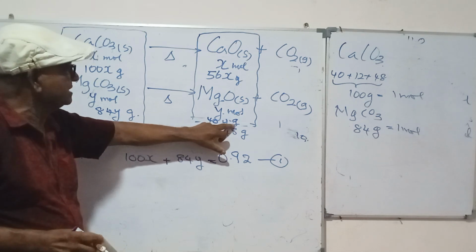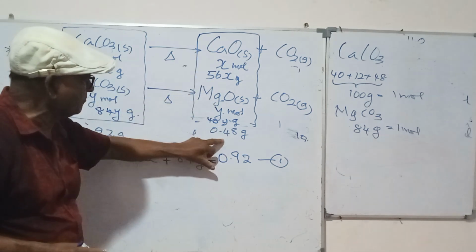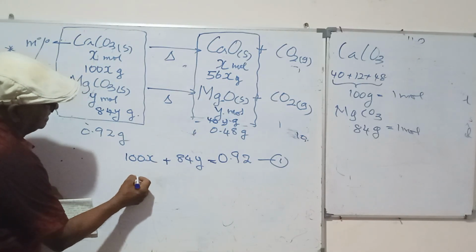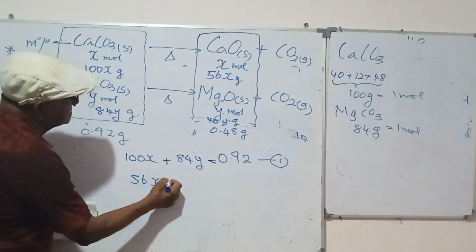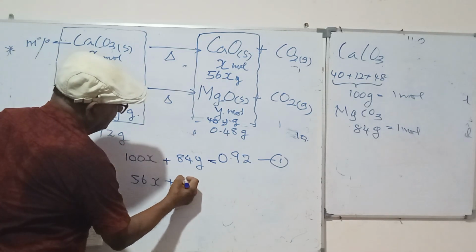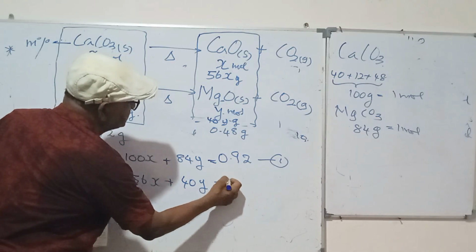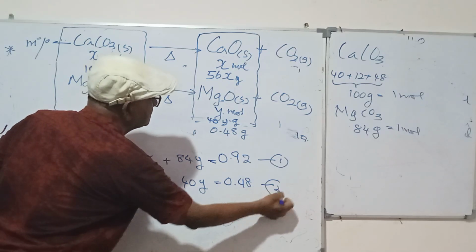Here, 40Y is the amount in grams of magnesium oxide, 40 grams per mole. The total mass is 0.48. So the second equation: 56X plus 40Y equals 0.48. It is the second equation.